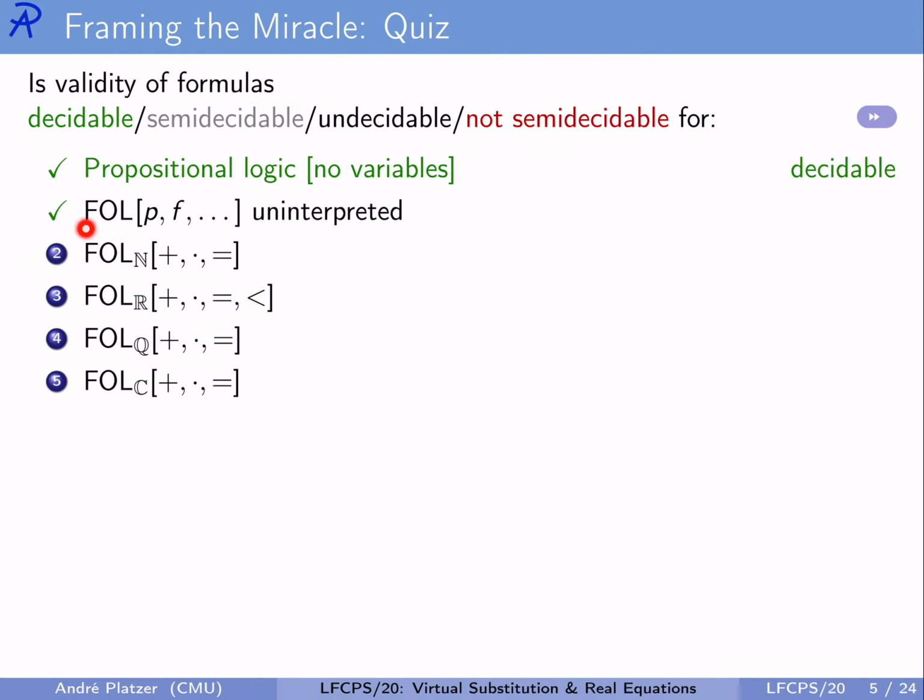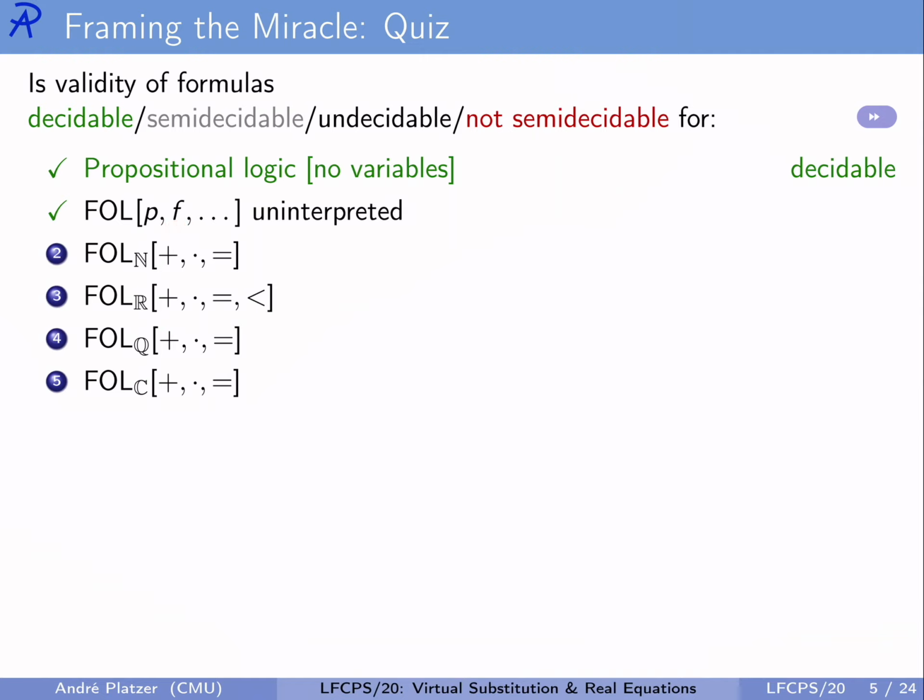Now, what about first-order logic uninterpreted? So we have predicate symbols p, q, r, and so on, and function symbols f, g, h, but we do not have any specific real arithmetic knowledge in it, for example. So in particular, we don't use addition, multiplication, or equality in comparisons, but we only use p and q, but we also use for all x, p of x implies q of x, for example, where the quantification domain is just any non-empty set that we don't know anything about. It doesn't have to be the reals.